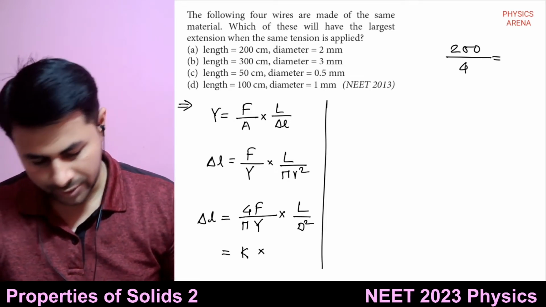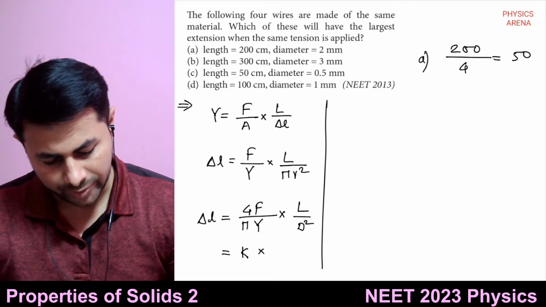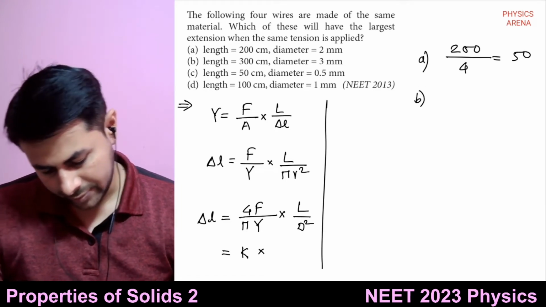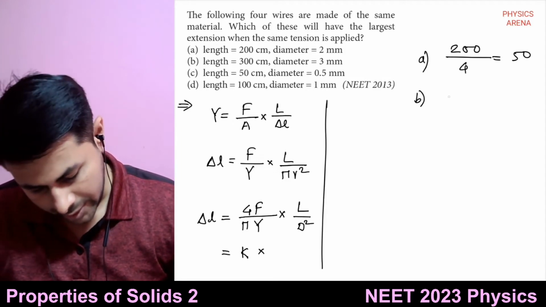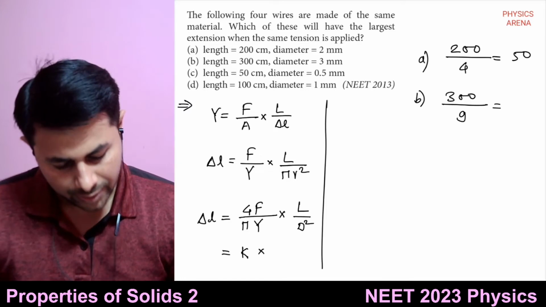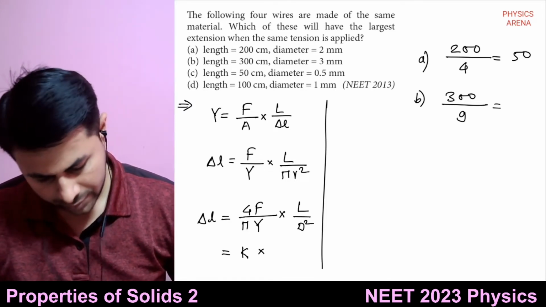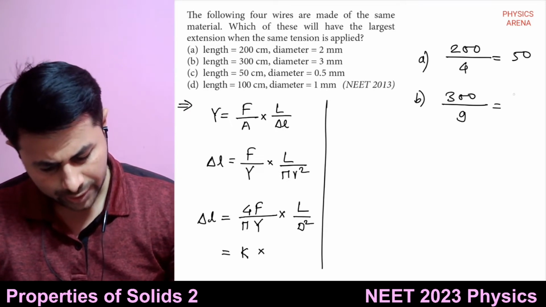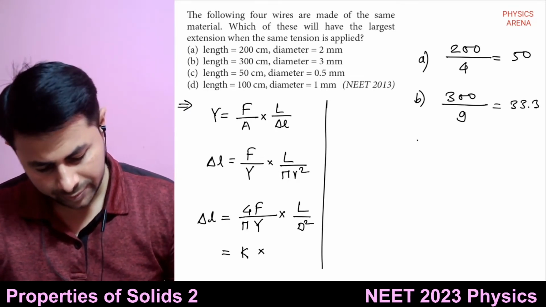So it is 200 by 4. First one, A, is 200 by 4, 50, so 50k. B is 300 divided by 9, so it is 100 divided by 3, 33.3.